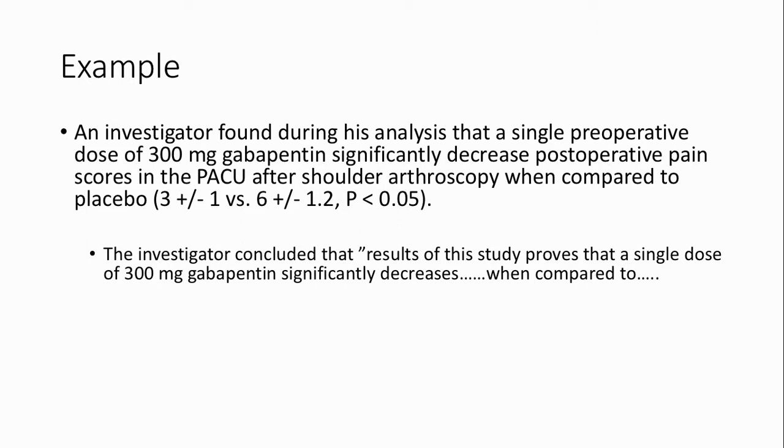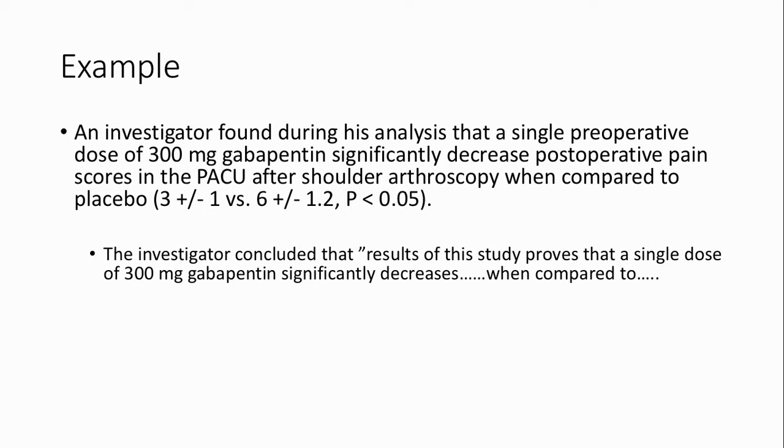So here's an example. An investigator found during his analysis that a single preoperative dose of gabapentin significantly decreased post-op pain in the PACU after a shoulder arthroscopy compared to placebo. I made up some scores here, and I said it was significant: 3 plus or minus 1 standard deviation versus 6.